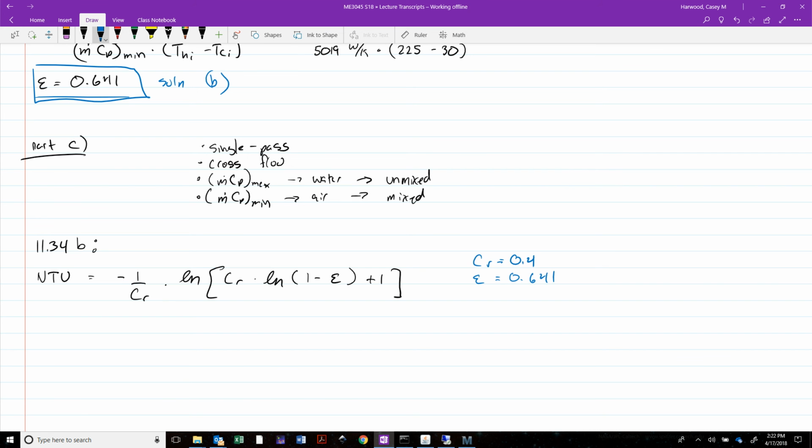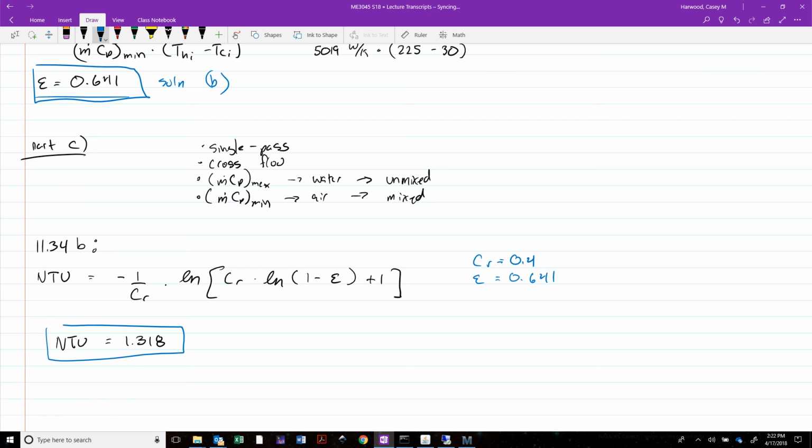Okay, and what I get is an NTU value of 1.318.